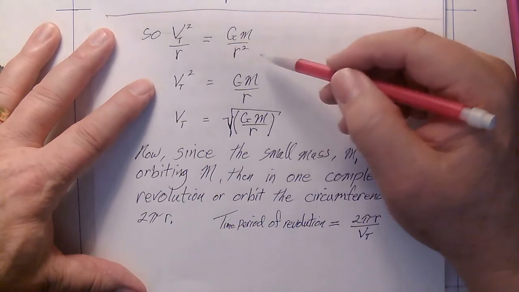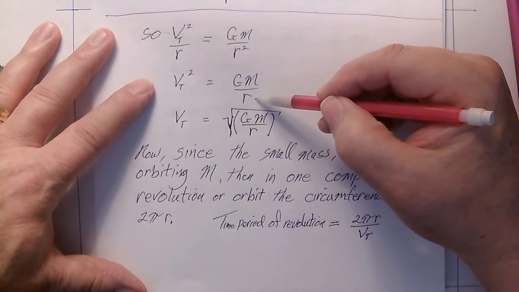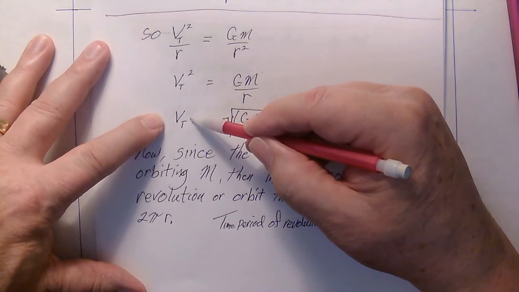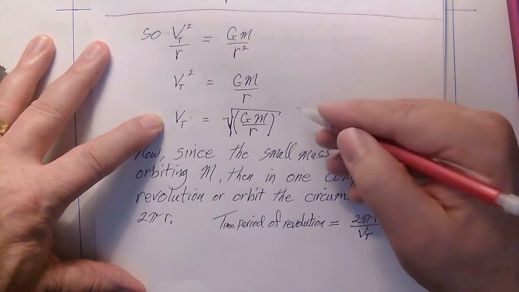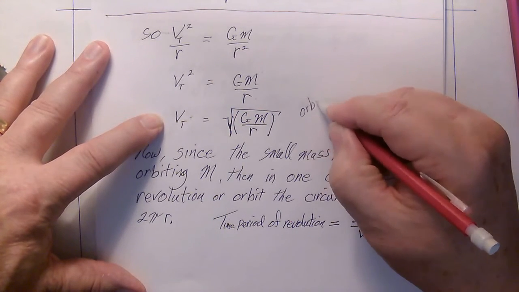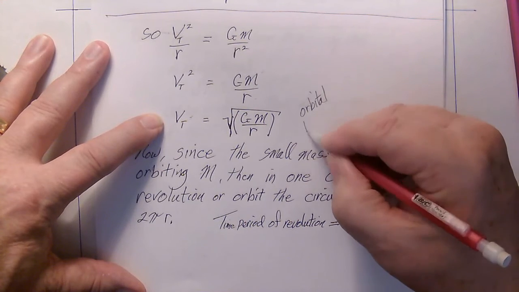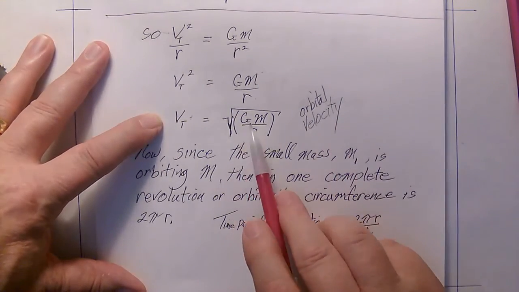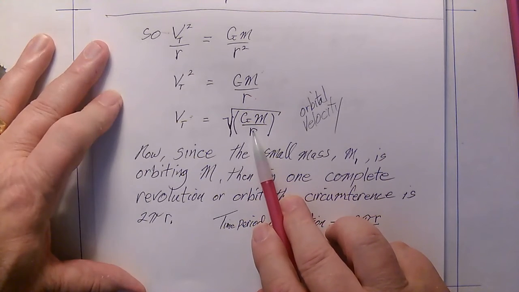So we get vt squared is GM over r, or the linear velocity of the orbit, called the orbital velocity, is the square root of GM over r.